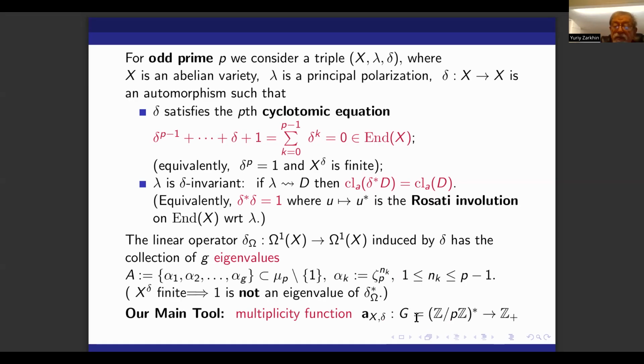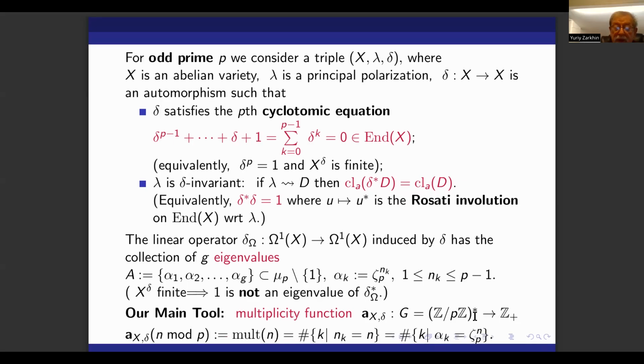And here is our main tool, the multiplicity function A_{X,delta} from our group G, which is (Z/pZ)^*, to Z_+. Maybe I should warn you that for this talk, Z_+ is the set of all non-negative integers, so 0 is included. This function is defined as follows: A_{X,delta}(n mod p), the multiplicity, is the number of eigenvalues that coincide with the n-th power of our zeta_p.